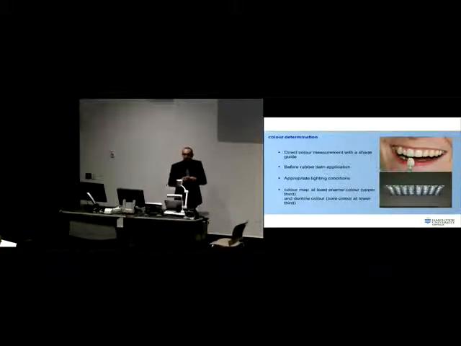Color determination clinically is of course done with a shade guide. Usually we have to do it before we apply a rubber dam, and we need appropriate lighting conditions. So especially today there are a lot of light sources that have the same color compared to sunlight, and today they are not very expensive.